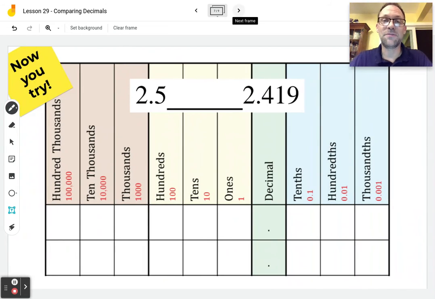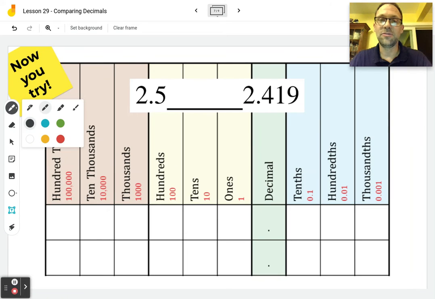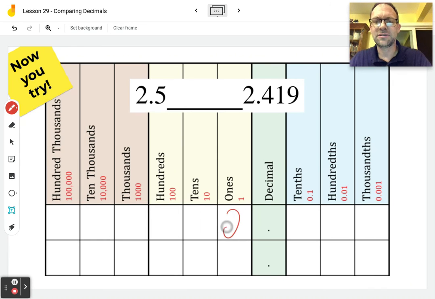All right, it's time for you to try. Here we have two numbers, 2 and 5/10, 2 and 419 thousandths. Go ahead. Which one is greater? Okay. Did you begin by, either on paper or mentally or even on your screen, writing out these digits? 2 and 5/10 looks like this, with a 2 in the ones place and a 5 in the tenths place.